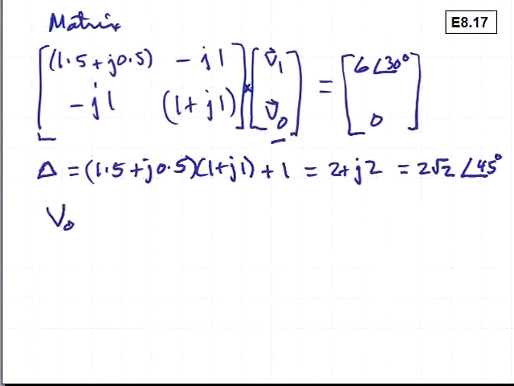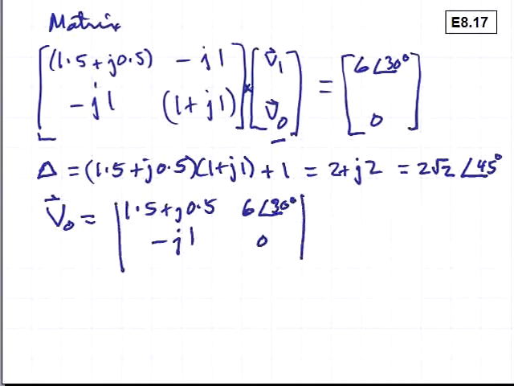Again, using Cramer's method, we'll solve for VO in this matrix form, and we have 1.5 plus j 0.5, minus j1. The currents are 6 at an angle of 30 degrees and 0. That is a determinant, and we divide that by this delta determinant to obtain the expression for VO.